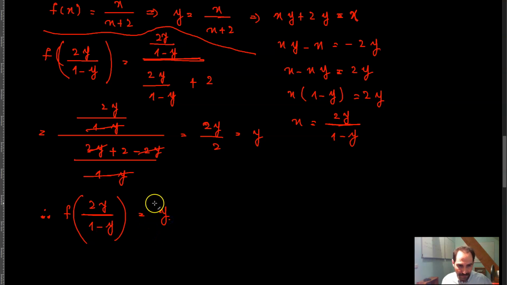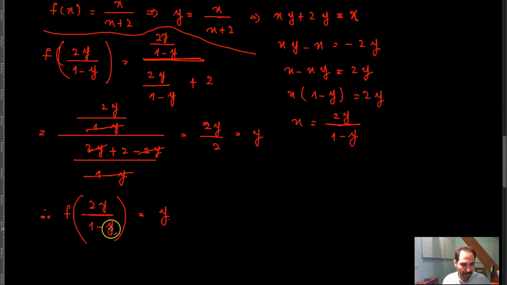What that means is that for every y belonging to the range of the function, or to the, what you could say, codomain or range. Of course, you need to know how you're using the two words, in what sense. But you can say that generally there is a mechanism that can get you to any y in the range of the function, and that mechanism is 2y over 1 minus y, right?